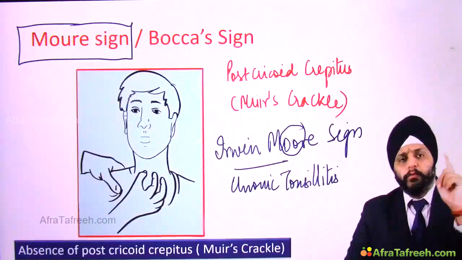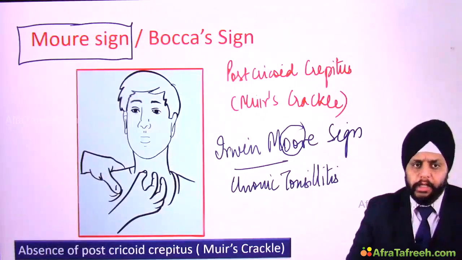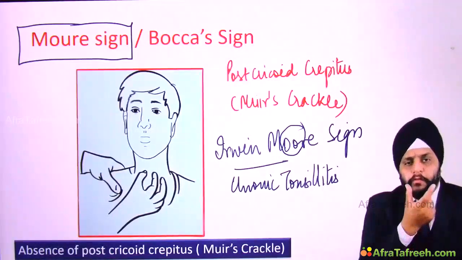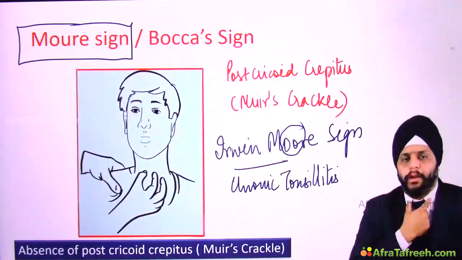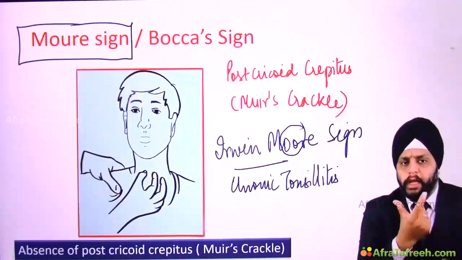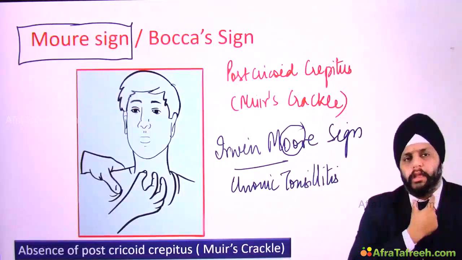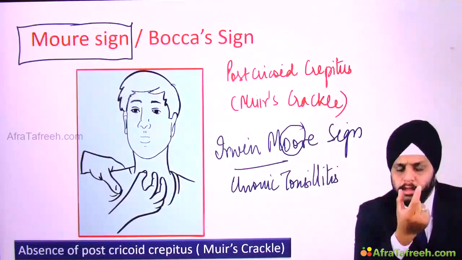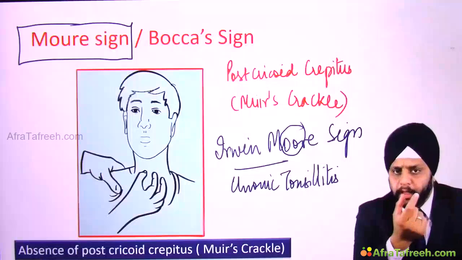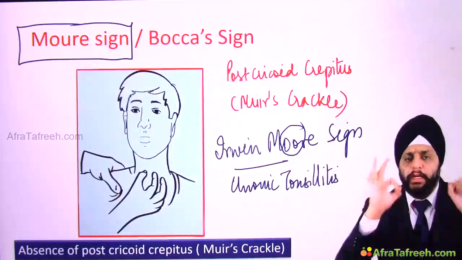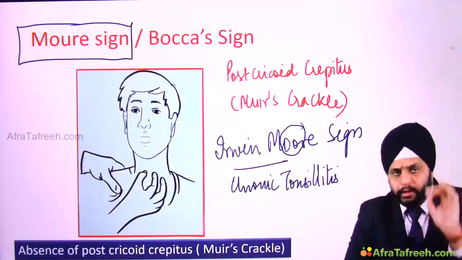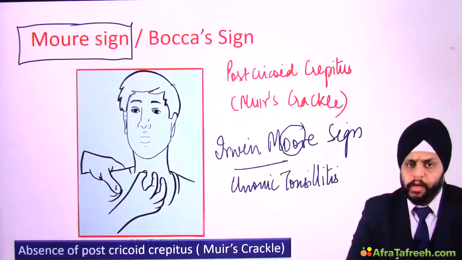In the Moore sign that we have just seen in the hypopharynx, you see absence of post-cricoid crepitus; we made a U with the thumb and index finger to hold the larynx. So the Moore with the U is seen in hypopharyngeal cancer. The Moore with the double O is seen in chronic tonsillitis. All right, very easy to remember.